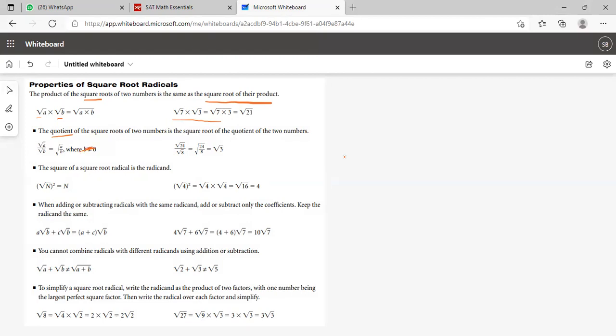Just don't get confused by the statement, because whenever we have 0 in the denominator, it cannot be defined. Okay, so this is a given. Just remember, whenever we have under root a divided by under root b, the answer is going to be the same as under root a by b. Okay, this is an example. Under root 24 divided by under root 8 is the same as under root 24 by 8, that is under root 3. Okay, is it clear?